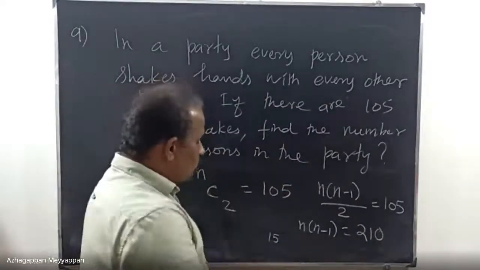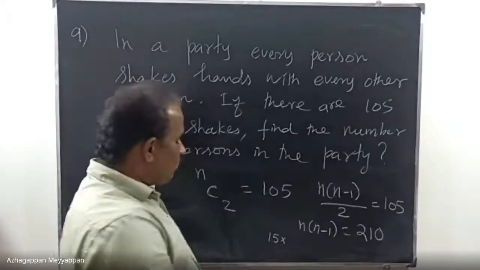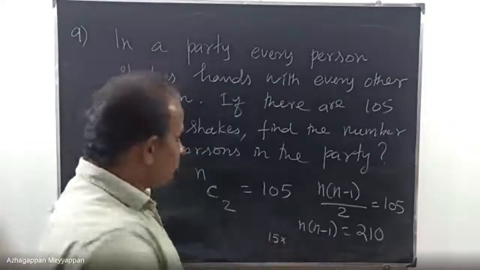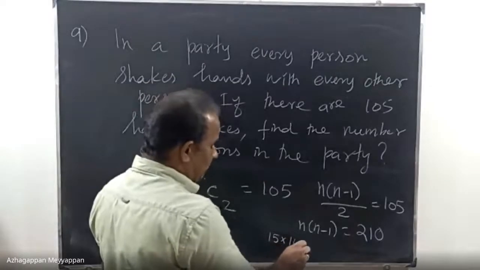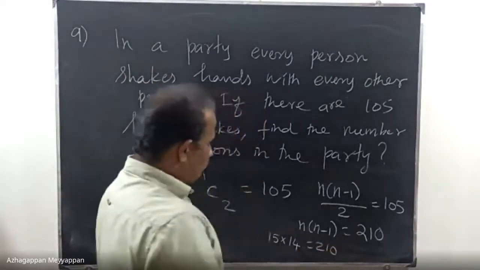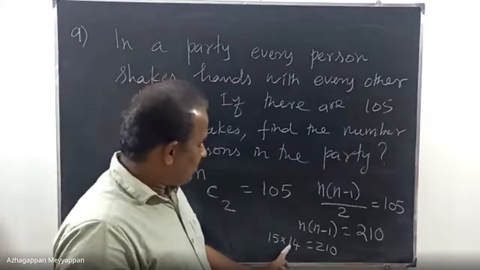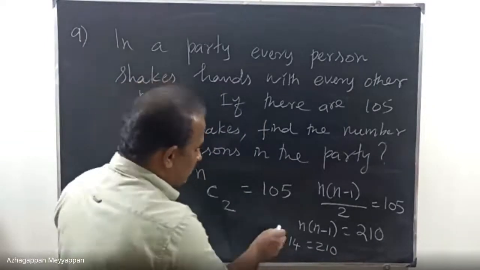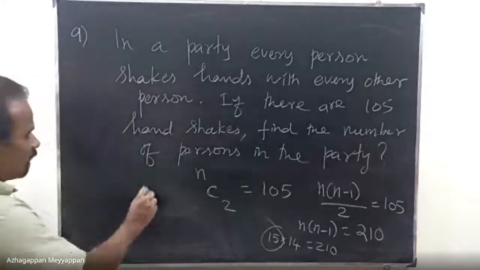So 15 into either 14 or 16 will come. Therefore 15 into 14 is equal to 210, so this is n minus 1. Therefore the answer is 15.